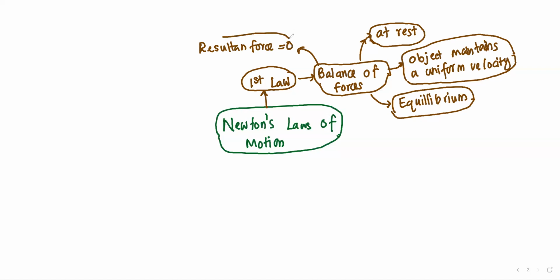That's very important. The resultant force is zero, so even the acceleration is zero. Under Newton's first law, we do not discuss accelerating objects. We discuss uniform velocity objects or objects which are stationary. So this is the first law.